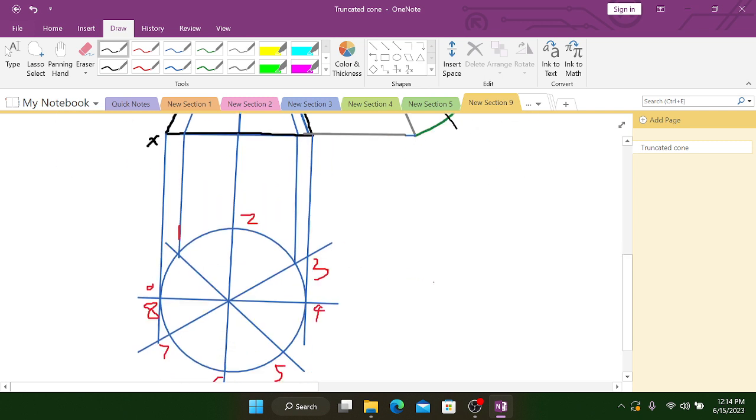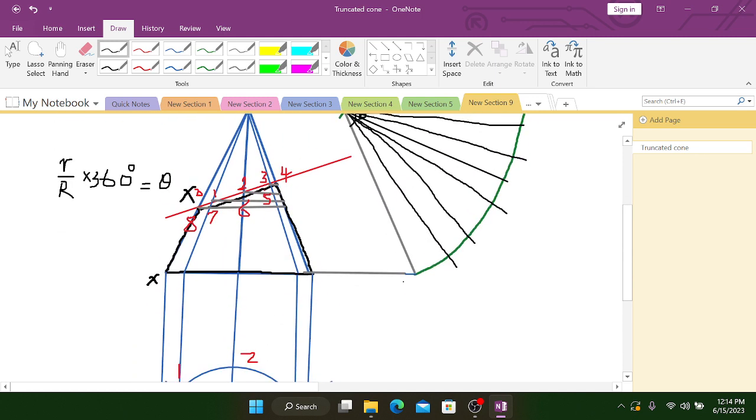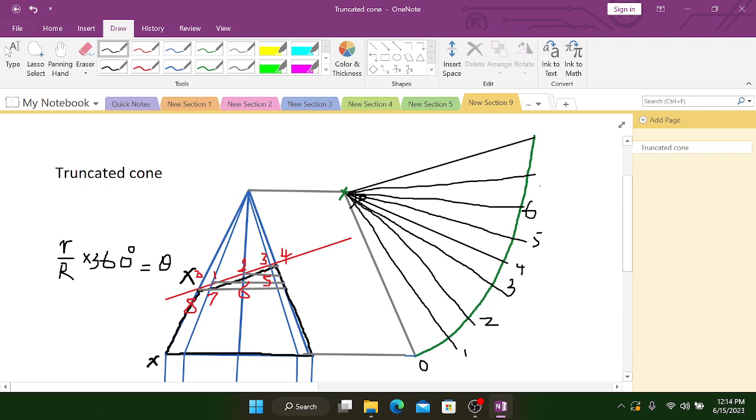Okay. Then now we have 0, 1, 2, 3 numbers. Now here also I have to put 0, 1, 2, 3, 4, 5, 6, 7, 8 numbers on this one.